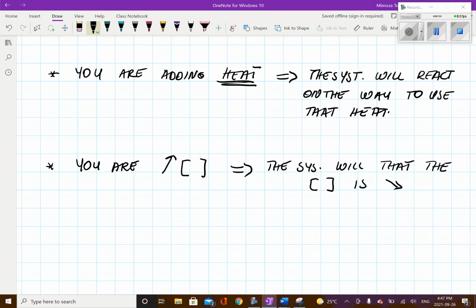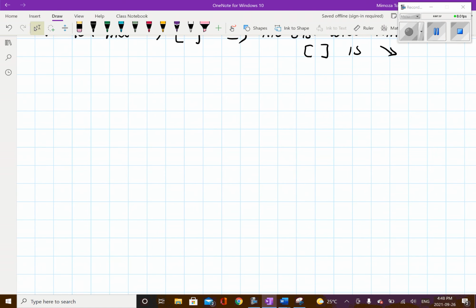If you are increasing pressure, the system will react to reduce the pressure. Okay, so let's take it one by one.